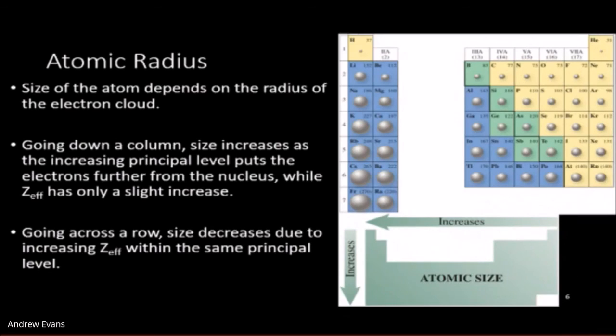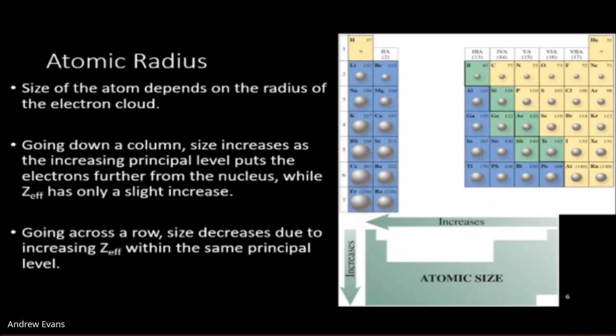Even though there's greater attraction, that attraction does not completely offset the extra layer of electrons. So each time we add another layer, we're seeing the size go up.